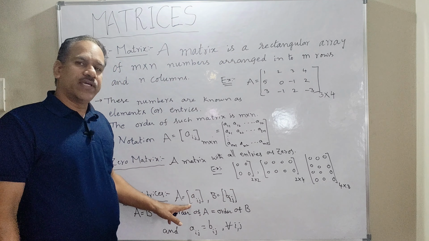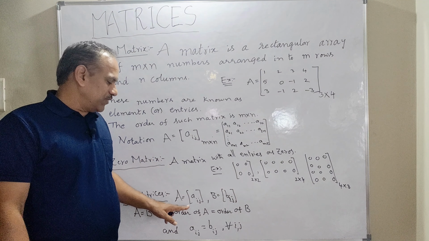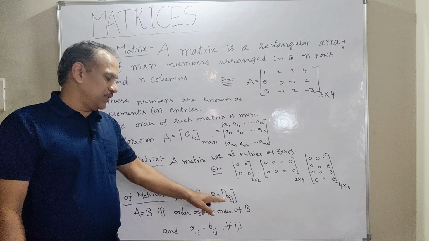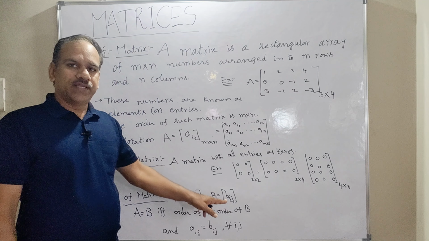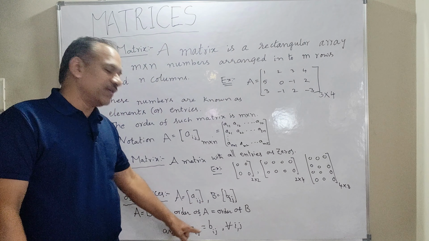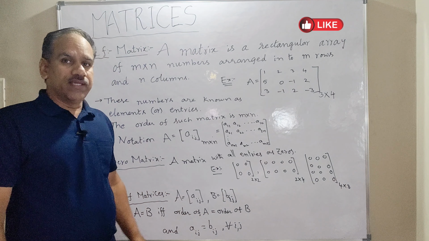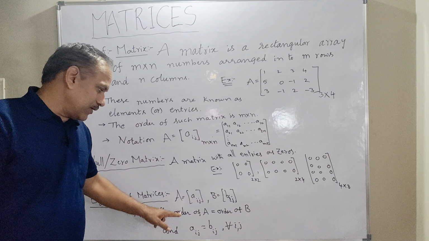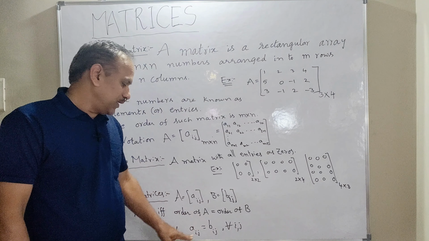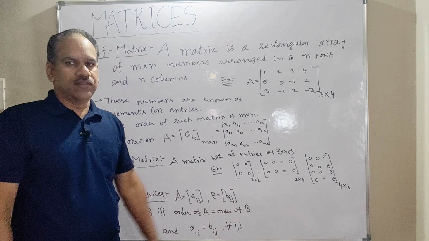If this is of order m by n, this should be m by n. If A is 2 by 3, B should be 2 by 3. If A is 3 by 2, B should be 3 by 2. So both orders must be the same and all the corresponding elements must be equal in value, so Aij equals Bij. That means A11 equals B11, A12 equals B12, like that.